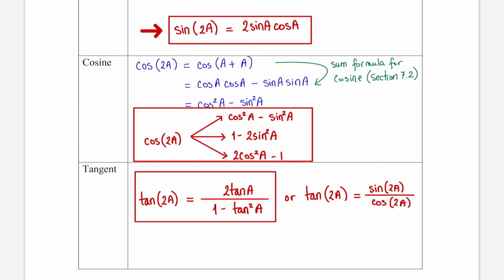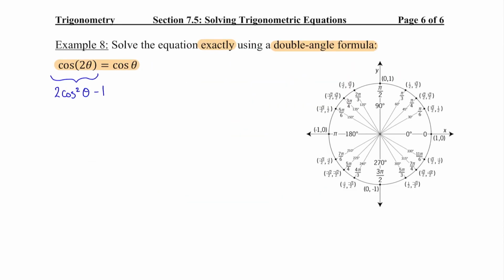The reason why I chose this variation is because I want to match with this trig function on the right side. This is cosine. That means I want everything in this equation to be cosine. The other two variations have sine in there.